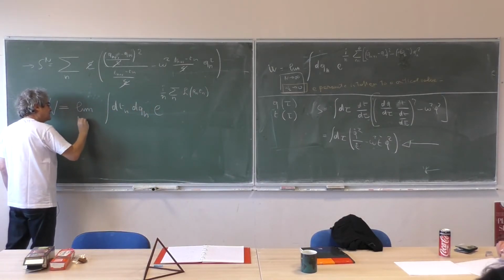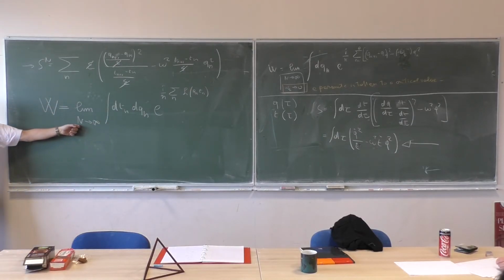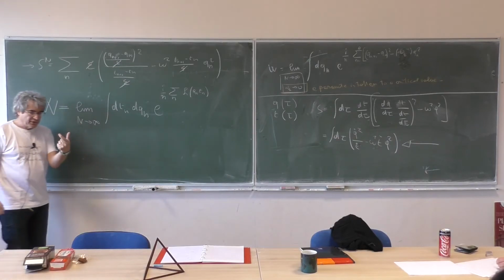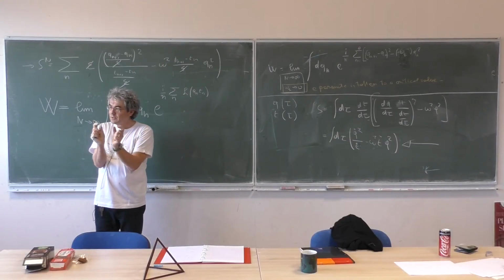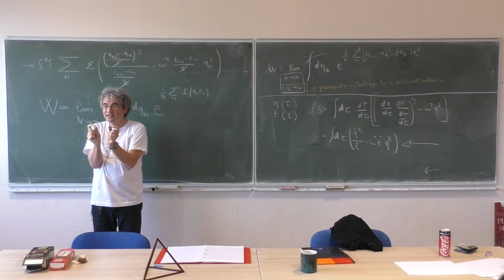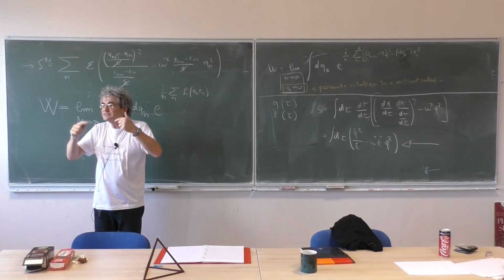The limit is n going to infinity and nothing else. There's no parameter. What's going on here? Well, the lattice spacing in tau is irrelevant. We've always said it's irrelevant.